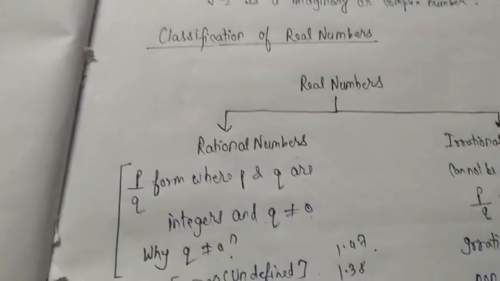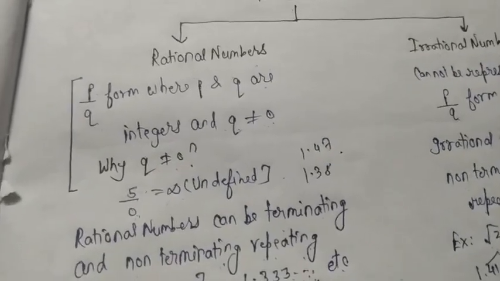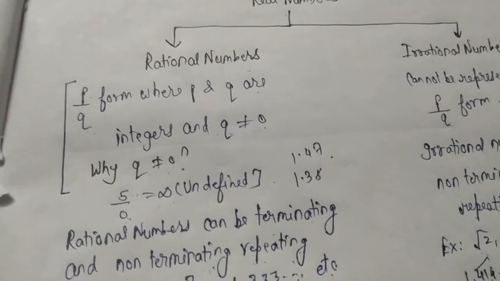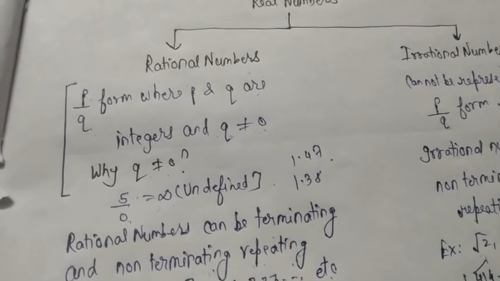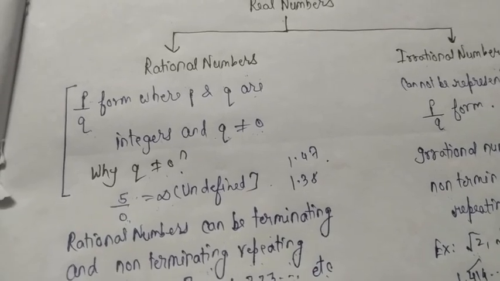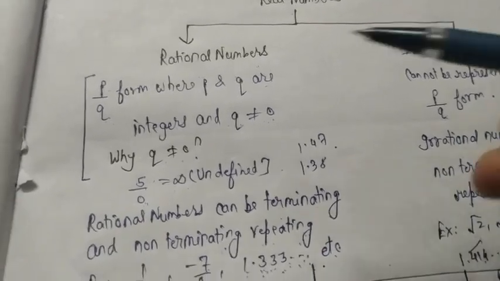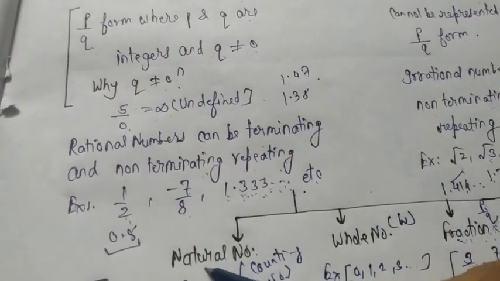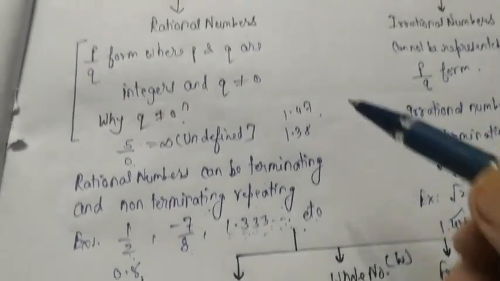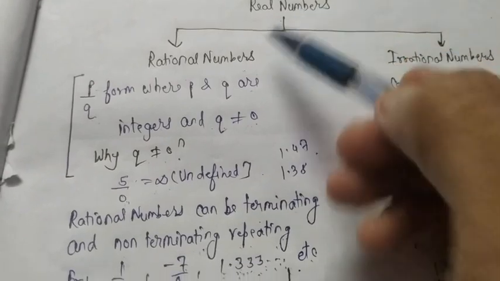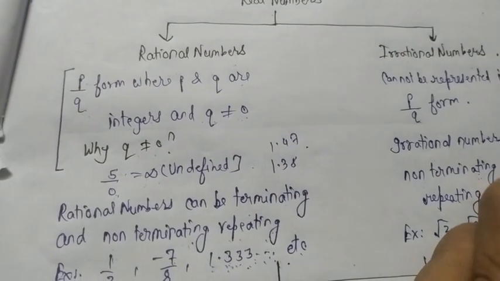One more time, all natural numbers are real numbers, but all real numbers are not natural numbers. The vice versa is not applicable. When you say all natural numbers are real numbers, it is true. But when you say all real numbers are natural numbers, it is not true.